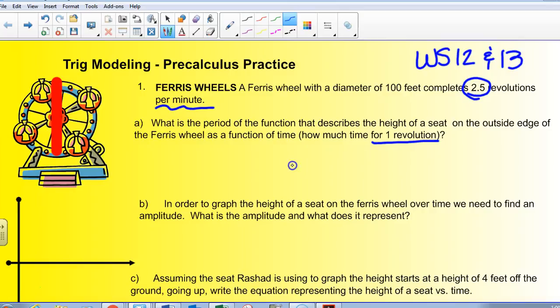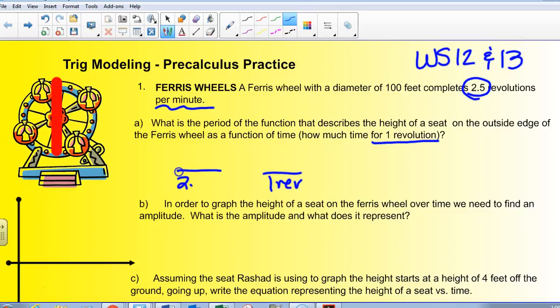Crickets? Yes. How did you get that, Sam? Okay. It does 2.5 revolutions every minute, and we want 1 revolution.